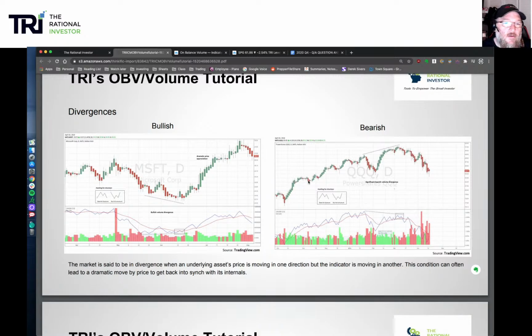Where we see that confirmed, the divergence confirmation, is once we have established that we have, say, bullish, we have lower lows on the price, and then we have higher lows on the indicator, then we look for a W after that. In the case of OBV, we want that to be crossing the moving average, and that's our confirmation point.